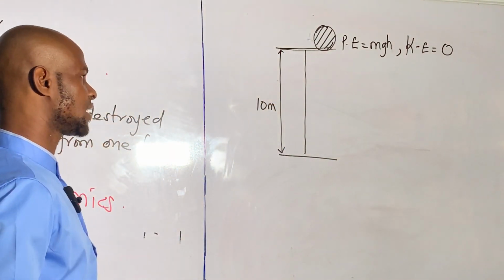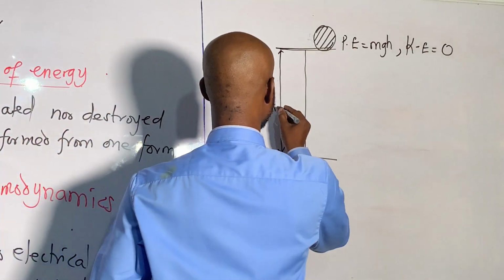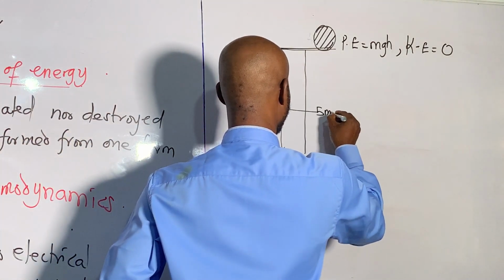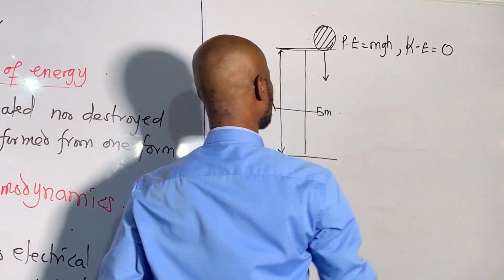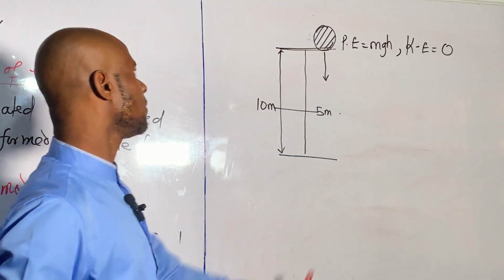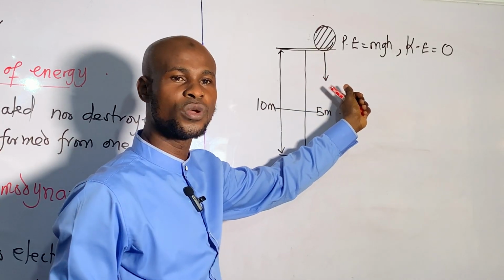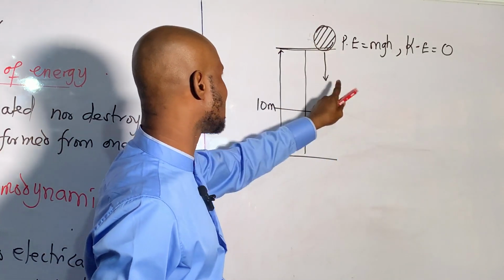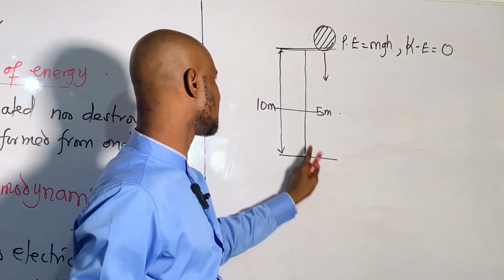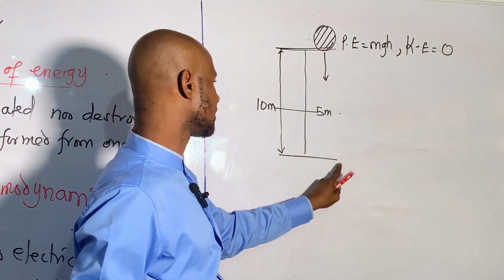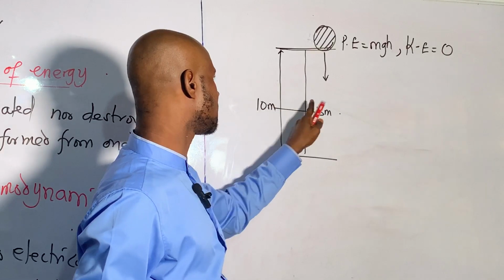So let me now throw the object downward. This is the midpoint. Let's say this is 5 meters. If I throw the object downward, what happens? The potential energy will reduce. How? As the object is moving, let's say it's at this point. Don't forget this is all 10. The bottom here will be 0, 5, 6, 7.